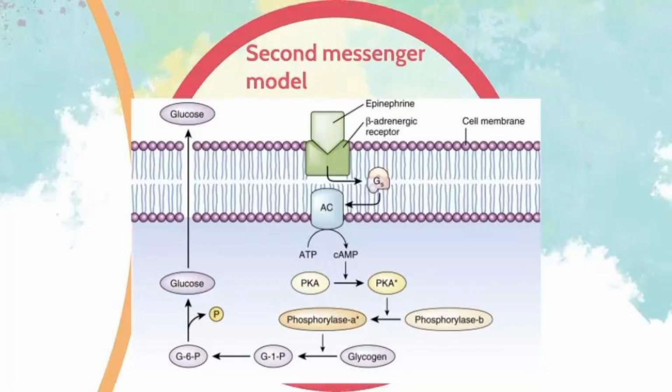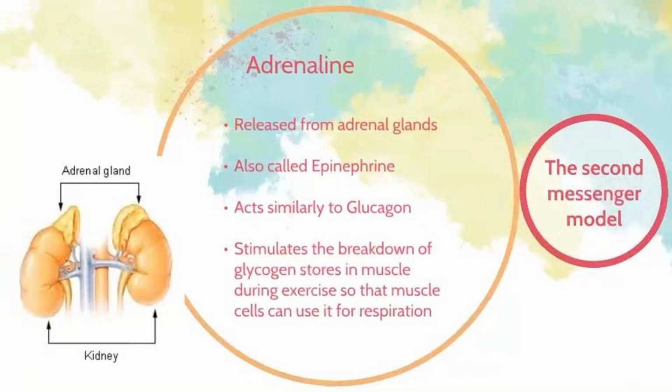So the effects of adrenaline and glucagon are the same, but adrenaline also stimulates the breakdown of glycogen, which is stored within the muscles during exercise. And this allows glucose that is produced from this breakdown to be used by the muscles for respiration.